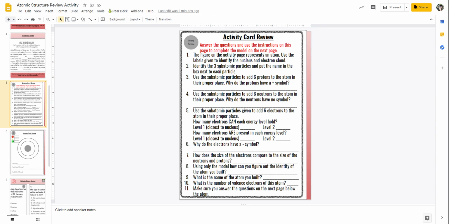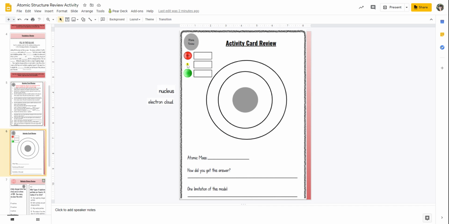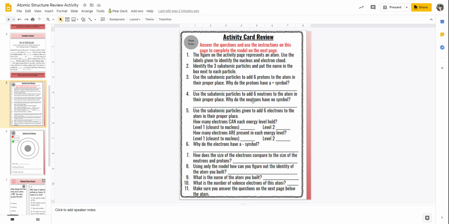Then it says identify the 3 subatomic particles and put the names in the box next to each particle. These are the 3 subatomic particles, and you're going to tell me in this box which one is which. You should be able to figure that out just with the signs for the charge. Then it says use the subatomic particles to add 6 protons to the atom in their proper place.